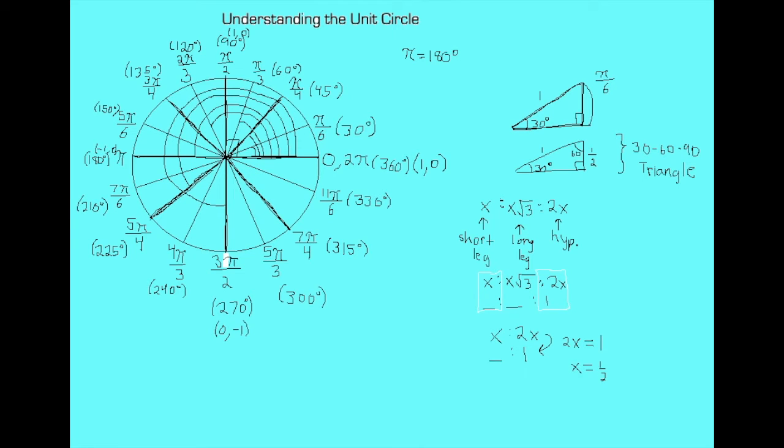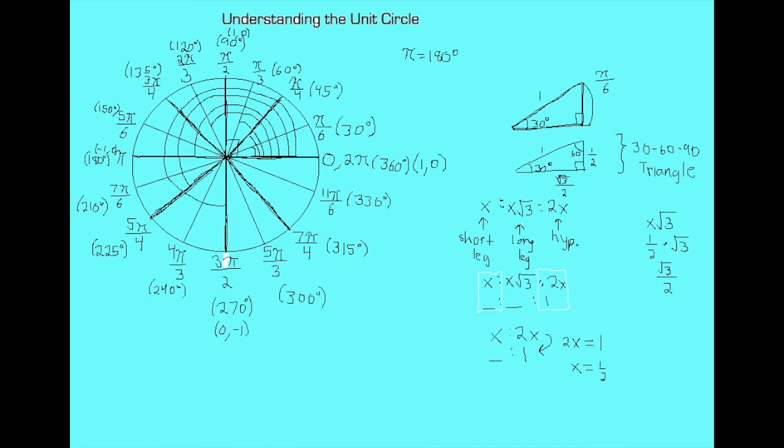Now, let's find the longer leg. And the longer leg is x root 3. So we know that x equals 1/2 in the context of pi over 6. Therefore, the longer leg is 1 over 2 times root 3, which is equal to root 3 over 2. Therefore, the longer leg, which is opposite the 60-degree angle, is root 3 over 2. And it will be here on the triangle.